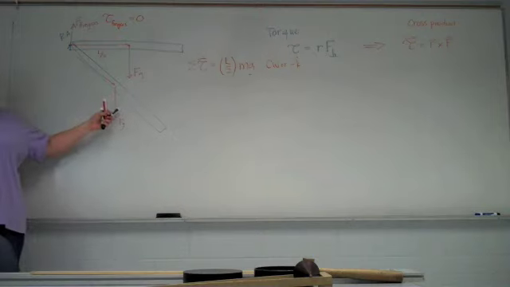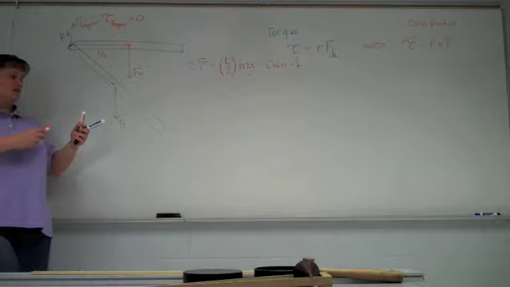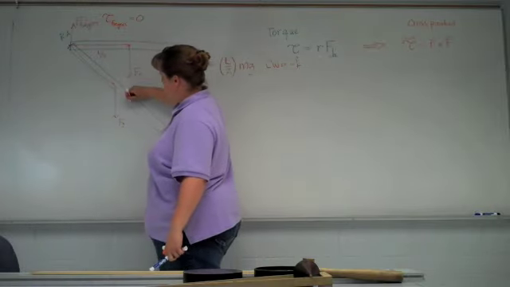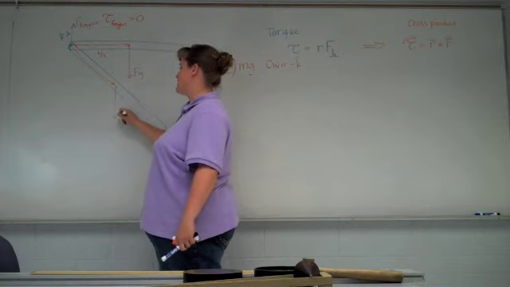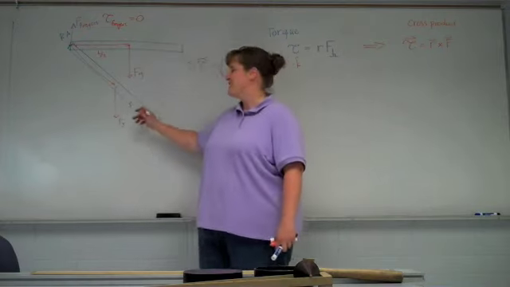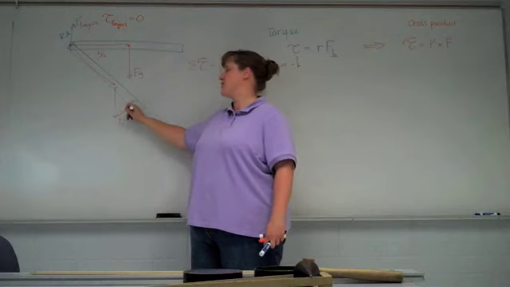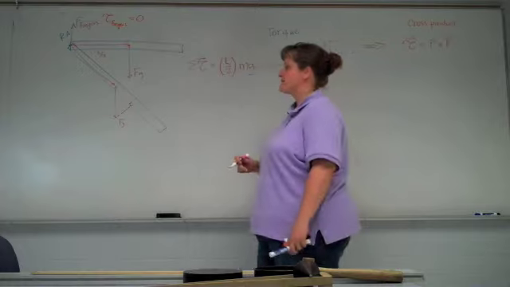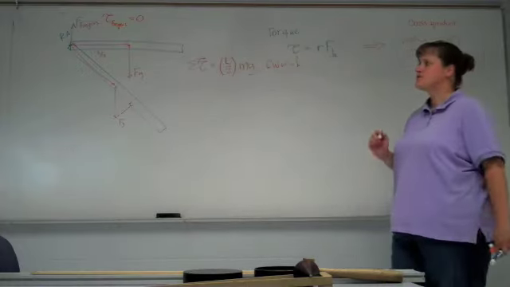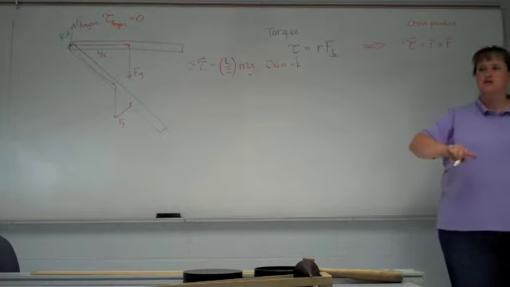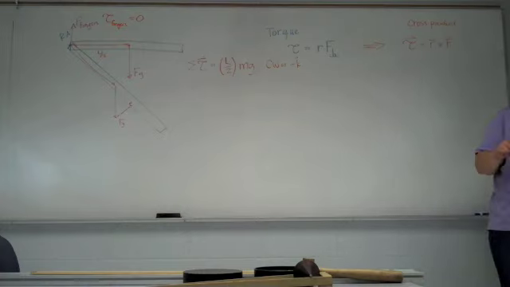The force of gravity is no longer perpendicular. It has a component that's parallel to the beam and a component that's perpendicular to the beam. It's only this perpendicular component that we need. So the torque gets smaller and smaller as the meter stick falls.